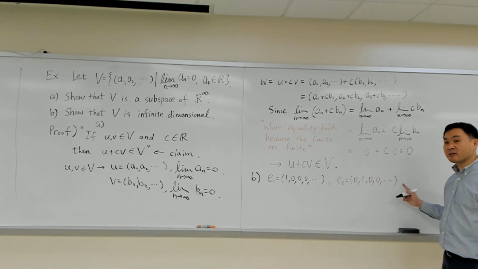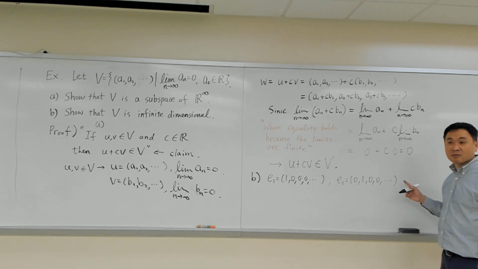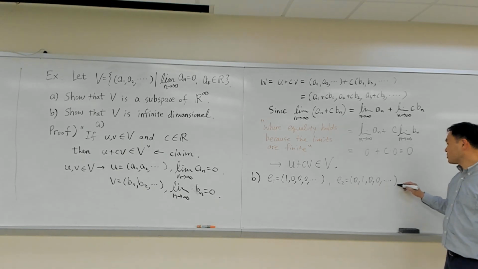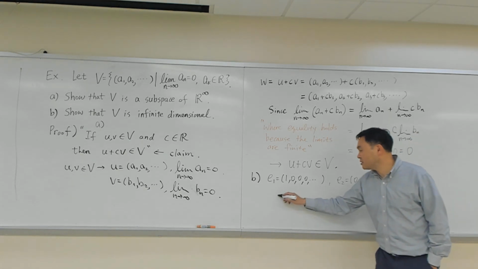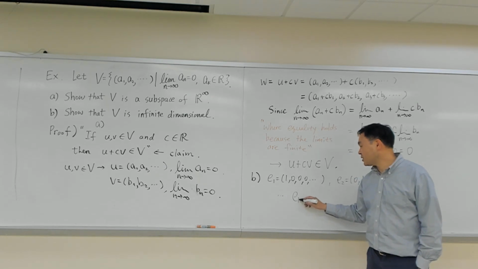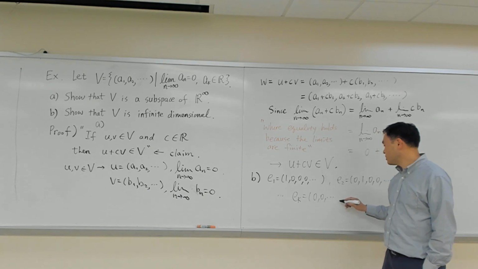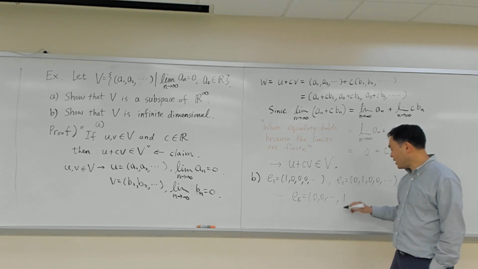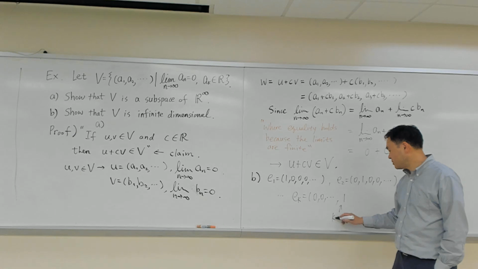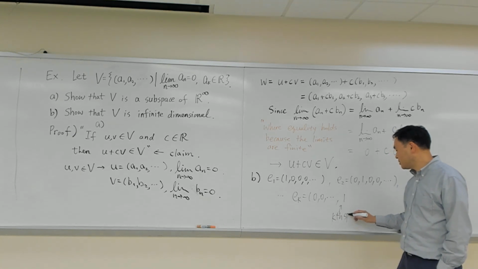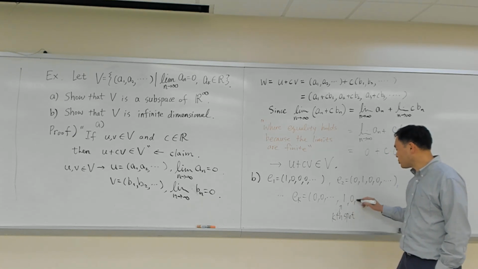What's the limit? 0. Still 0, right? Okay. So keep going. And Ek is 0, 0, but you have a 1 at the kth spot, and then 0 afterwards.